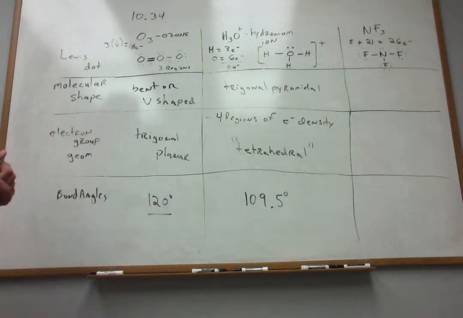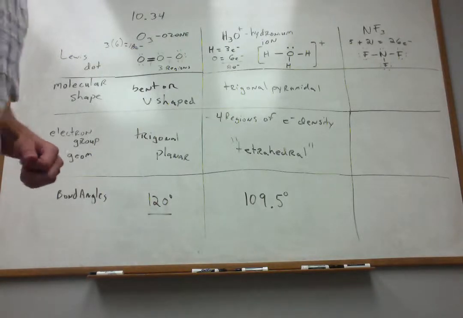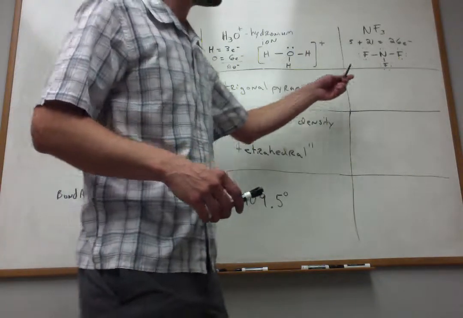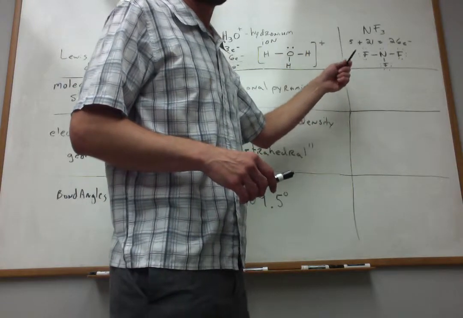Now, go through the process yourself. What's the next thing that we assign? After your Lewis dot structure, you can assign electron group geometry. What test do you use to figure out what that is? You figure out how many regions of electron density are present in the Lewis dot structure around the central atom.